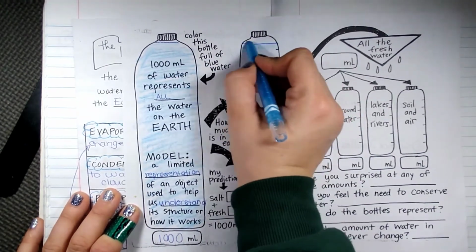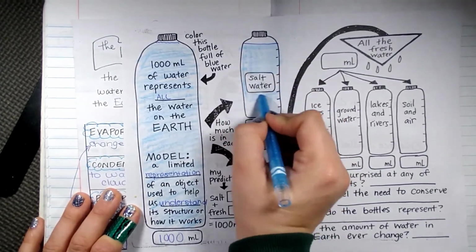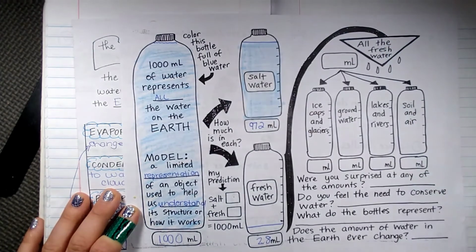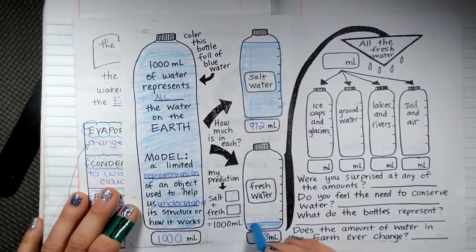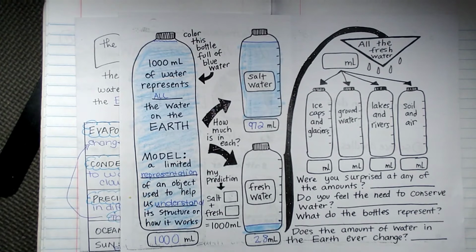So the salt water here would be right up to that level. You can see the majority of it. The majority of it is salt water, and then the fresh water goes up to that level. Okay.